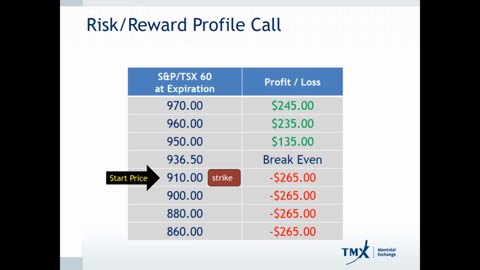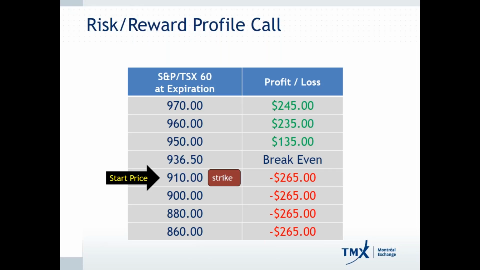So if we purchased a 910 strike call and we're paying $26.50 per contract, or $265, on expiration, the index needs to be trading at $936.50 just to break even, because that compensates us for all the time value that's disappeared. And then that contract needs to have some intrinsic value beyond that in order for us to profit.